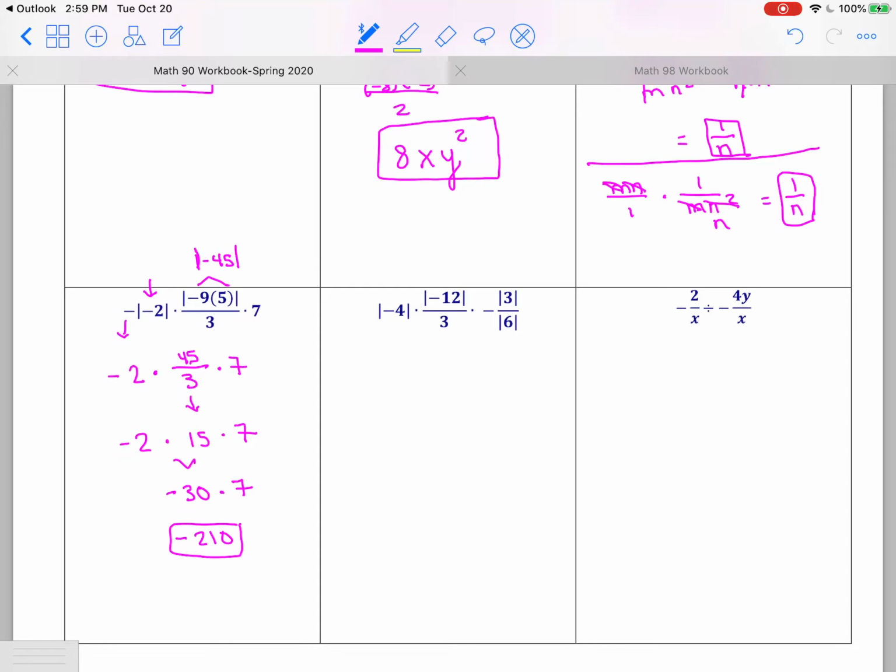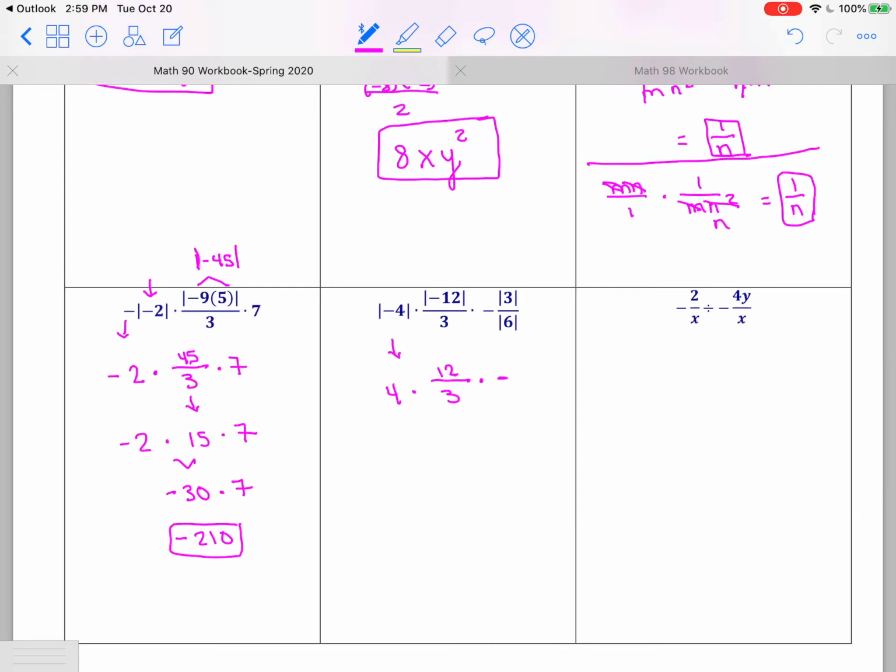All right, so the next example, you notice in the next example we don't have any multiple numbers inside an absolute value mark, so we can go ahead and evaluate the absolute value. Wow, that's a mouthful. Okay, absolute value of -4 is 4. Absolute value of -12 is 12.